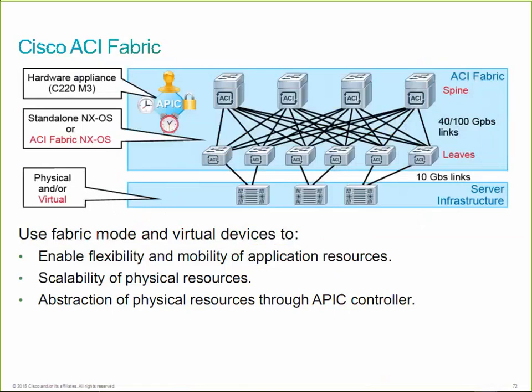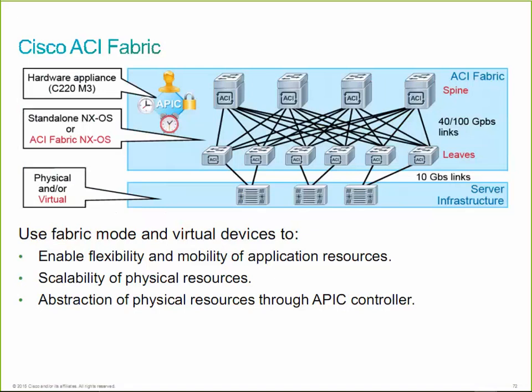Let's talk a little bit about what this represents. There are essentially two layers that exist, the spine layer and the leaf layer. And keep in mind, this is with the Nexus line of products, the Nexus 9500s or the Nexus 9300 series products.